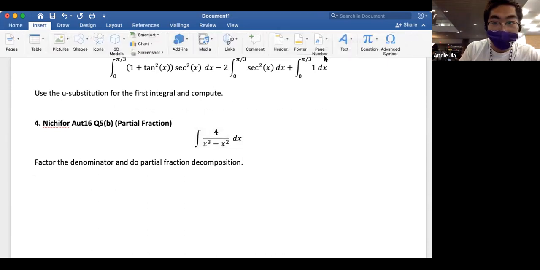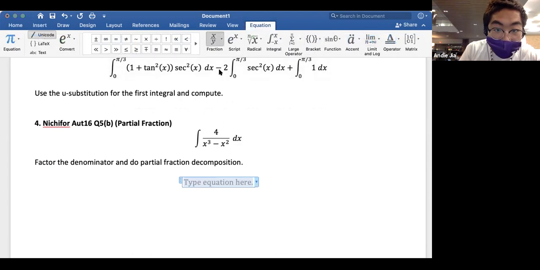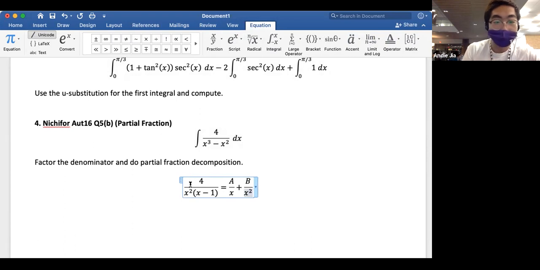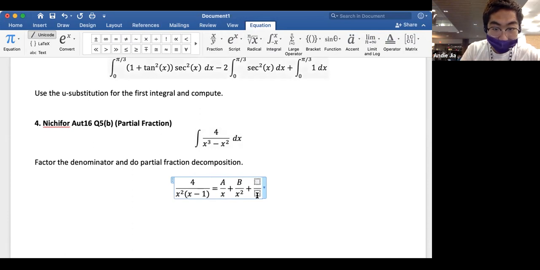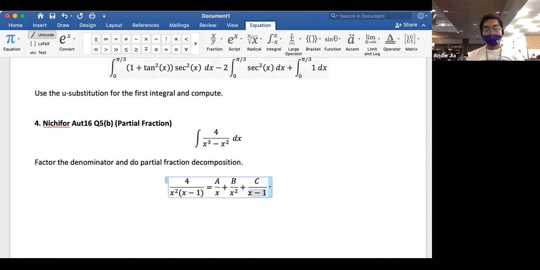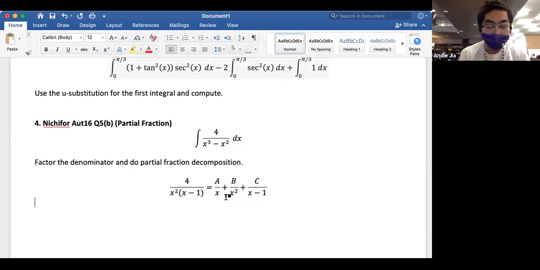So 4 over x squared times x minus 1 is equal to a over x plus b over x squared, because this is a repeated linear factor, plus c over x minus 1. Do a cross multiply, then set them equal.